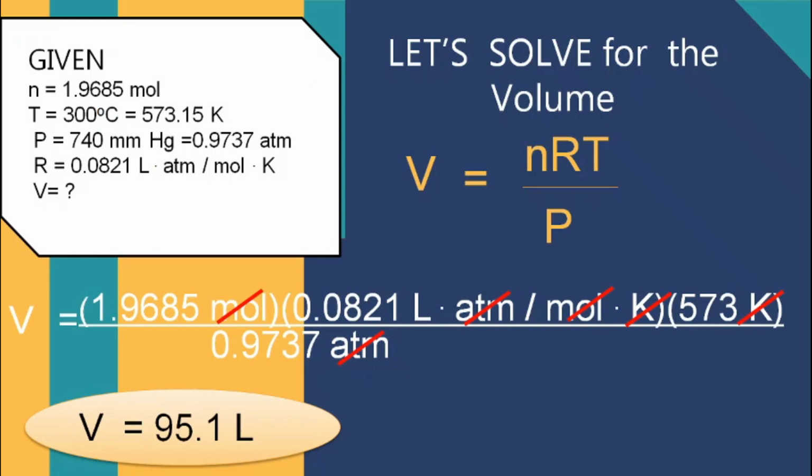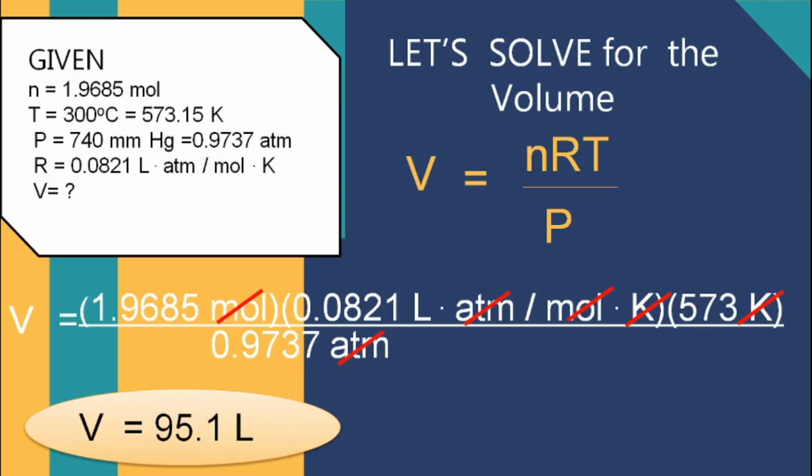To solve for the volume, we use the formula V = nRT over P. So that is equal to 1.9685 moles times 0.0821 liters times atmosphere per mole times Kelvin times 573 Kelvin all over 0.9737 atmosphere.